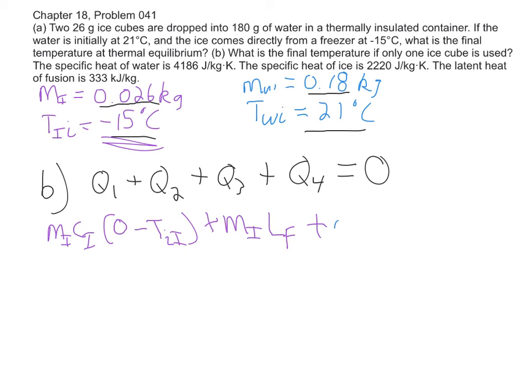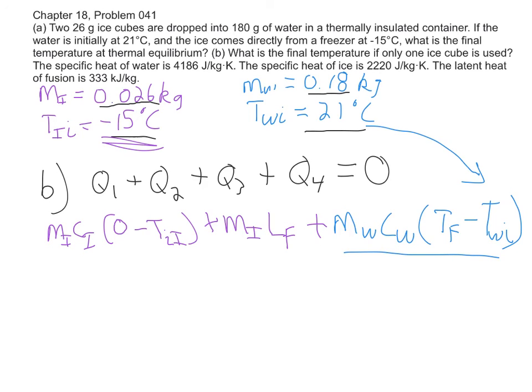So Q3, that's the mass of the water, specific heat of water, times its change in temperature. Its change in temperature is going to be this mysterious final temperature that we're trying to figure out, minus its initial temperature. Temperature of the water initial, which is 21. We know it's going to end up below that, so this term here will be a negative term, right?